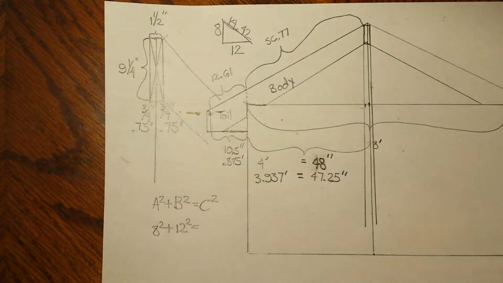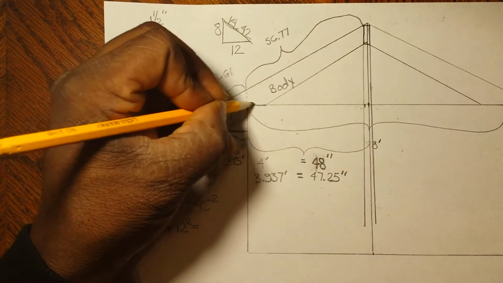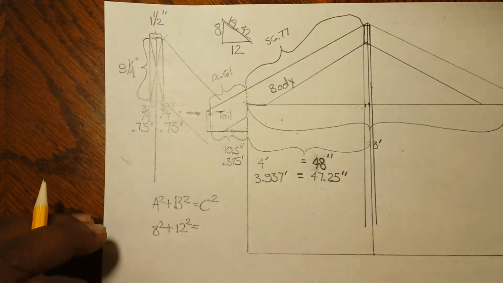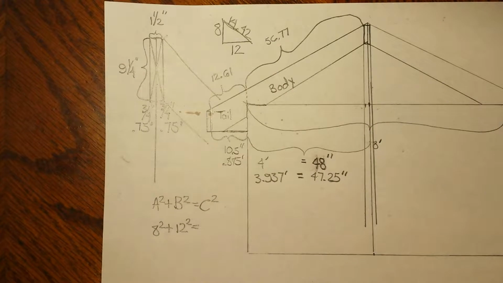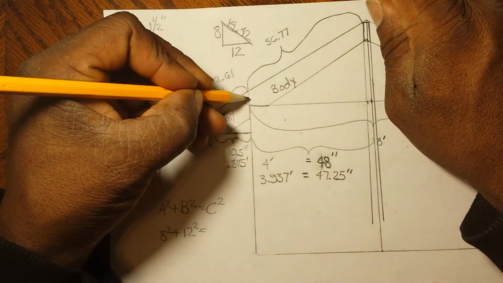You got to be very careful to make sure all your angles are nice and square. I would recommend having a large speed square on the job, a large Swanson speed square or whatever kind, so you can make sure before you make your cuts that your bird's mouths are on point and they are lining up with the stance.